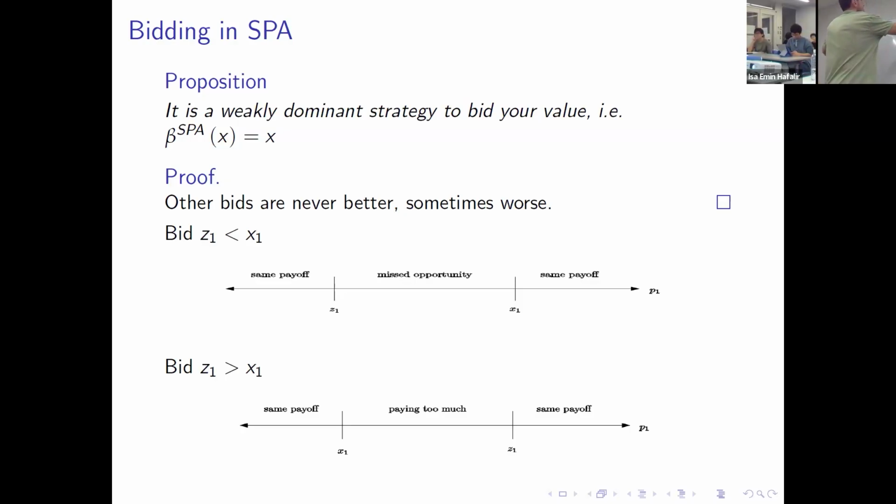So if I'm the highest bidder, then I pay the highest remaining bid, which is the second highest bid, and otherwise it is zero.